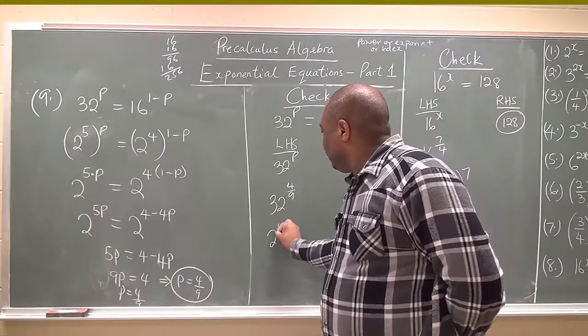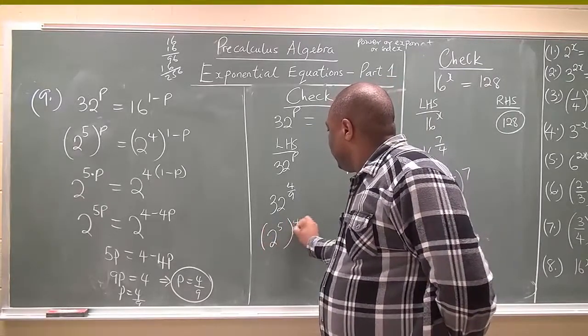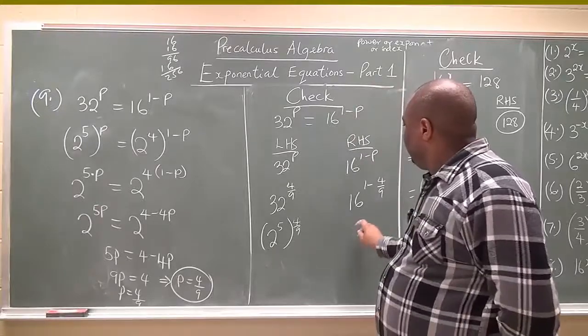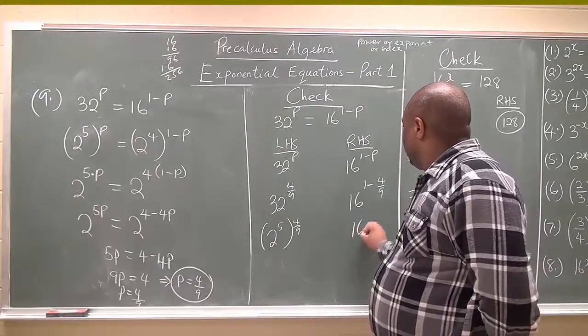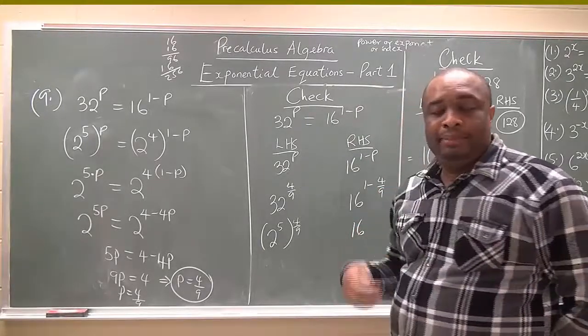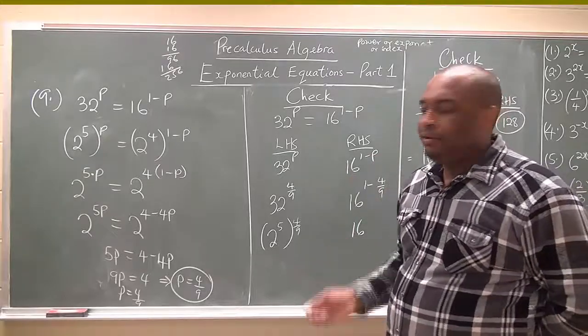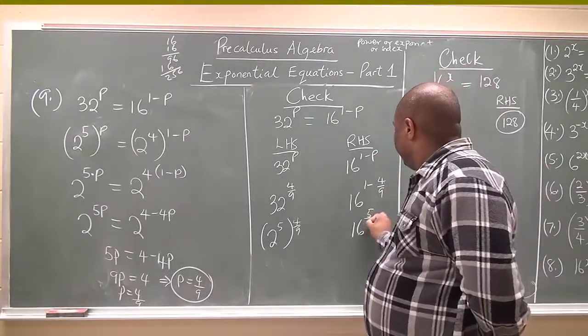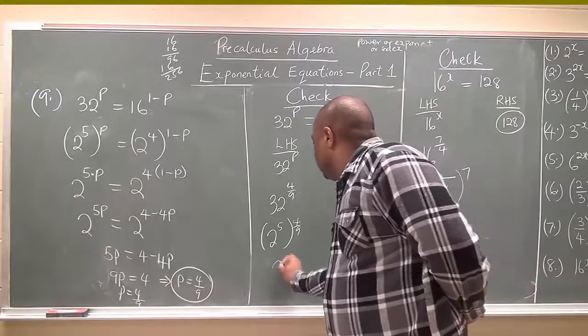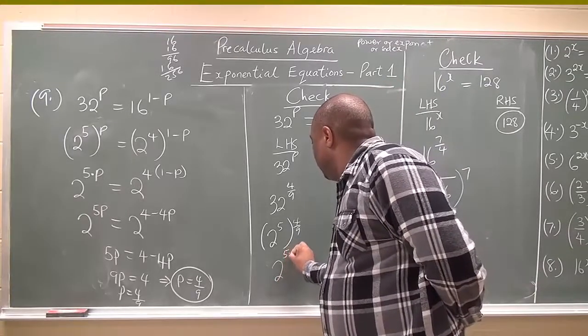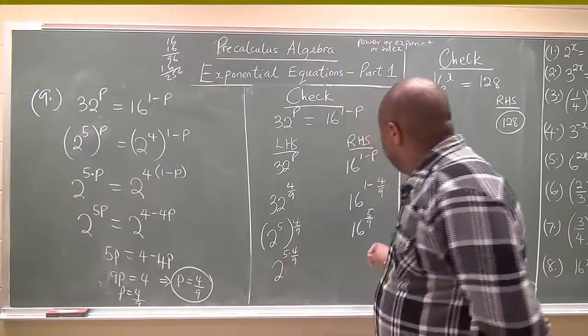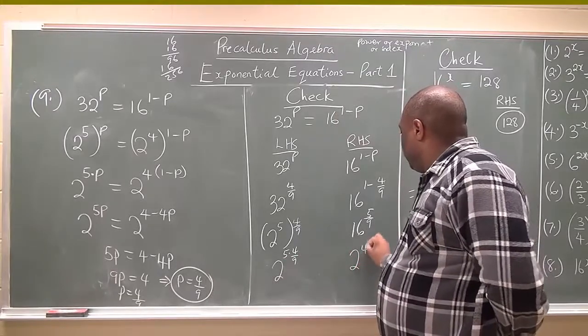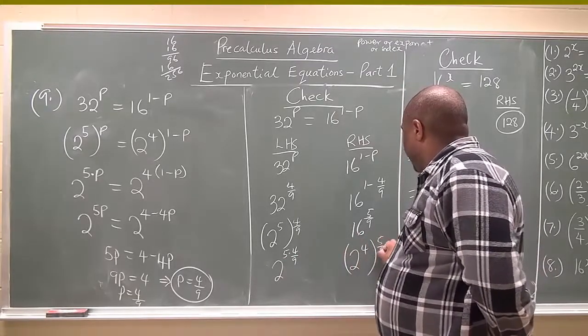This will be 2 exponent 5 times 4 over 9. And then this will be 16 exponent, 1 minus 4 over 9 means 9 over 9 minus 4 over 9, which is 5 over 9. So this will now be 2 exponent 5 times 4 over 9. And this will be 2 exponent 4 times 5 over 9.